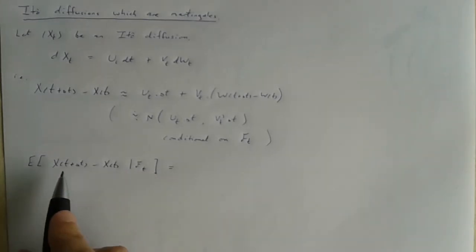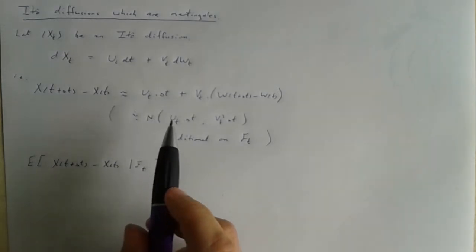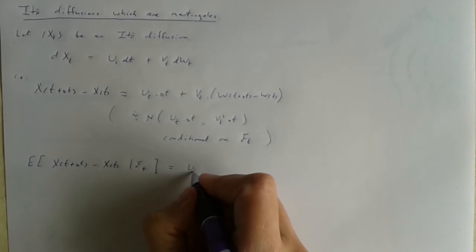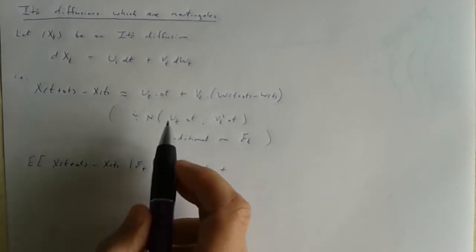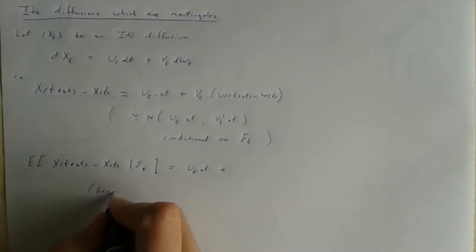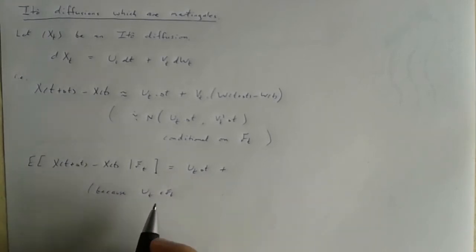Well, actually, what is this? If we think of it in these two terms, ut, remember, now ut is measurable with respect to ft. So that first term, its conditional expectation, is just itself. ut is supposed to be among those things you already know at time t.